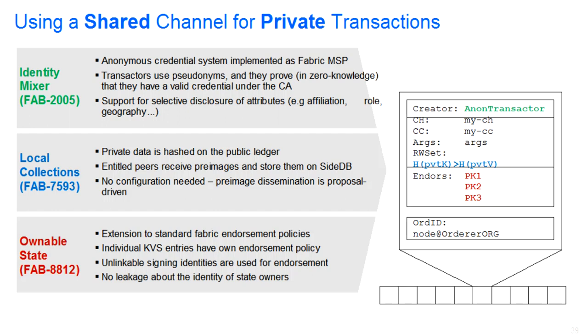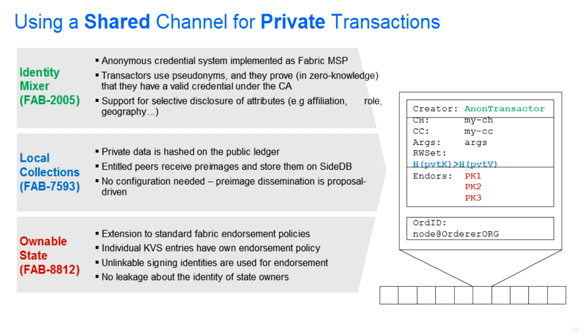And then once you have an ownable state, the chain code may decide to put private state into the collection that's called local, and the KVS key would be a specific one that is carved into the ownable state namespace, as we discussed earlier.